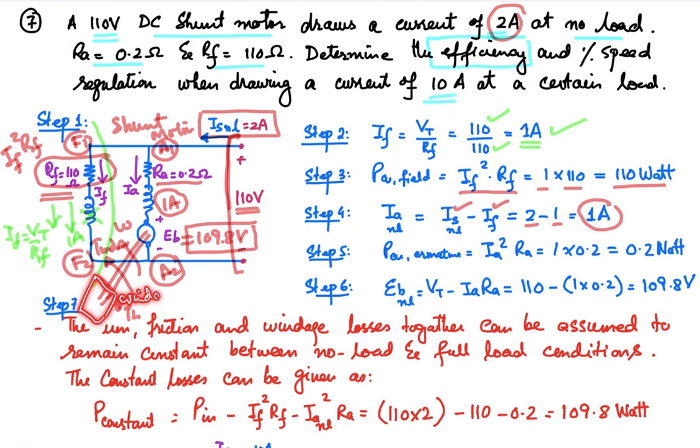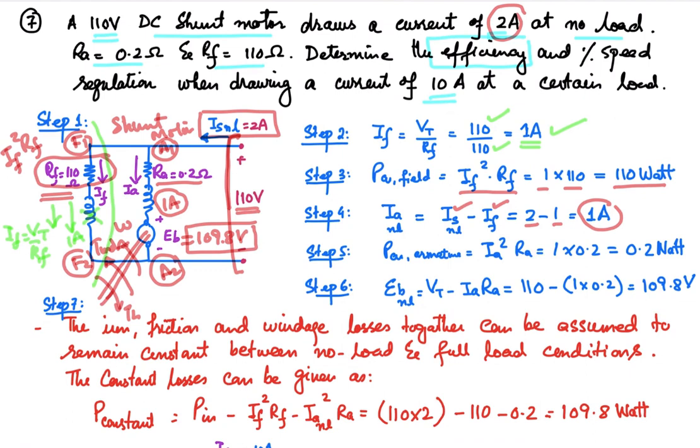Usually those are considered as fixed for a particular machine, right? Those are the mechanical losses, and the other losses which are going to take place in the machine are the core losses or the iron losses, which basically represent the hysteresis loss or the eddy current loss in the core. As there is no change in the frequency, those are going to remain constant.